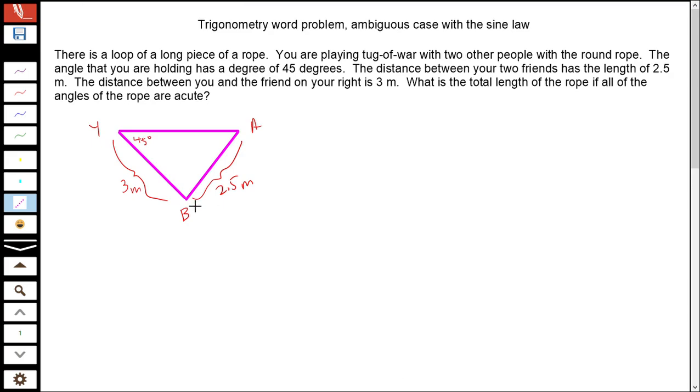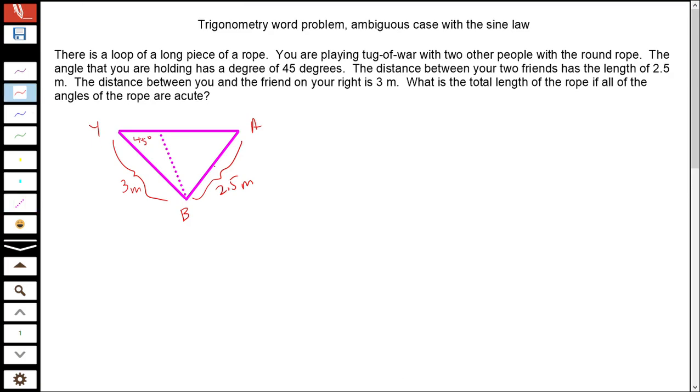This is an ambiguous case because when we have the distance of 2.5, this is going to be our 3rd side. However, we could possibly have another side over here. So if I have 2 different possibilities, then this is when we're going to have the ambiguous case.